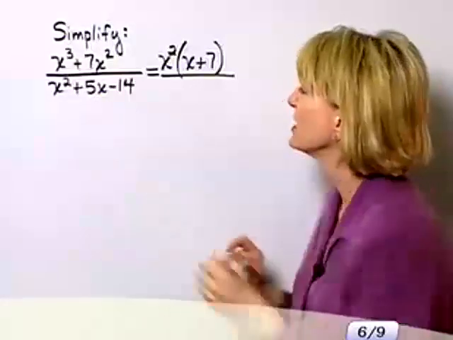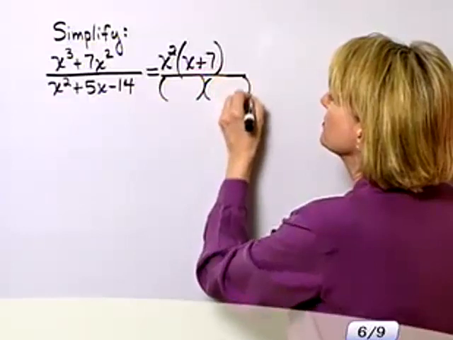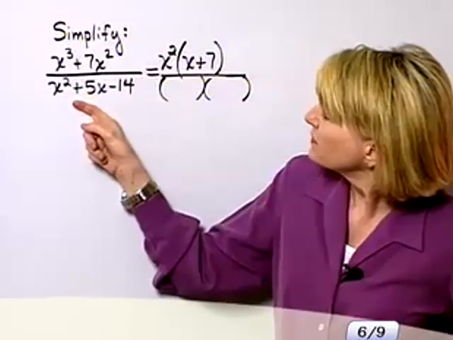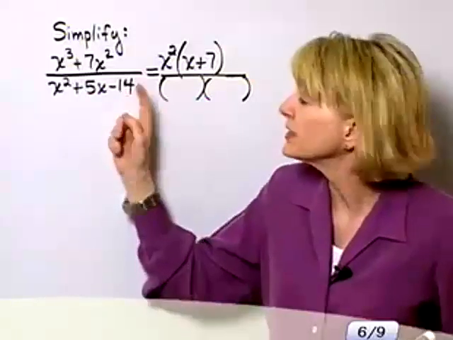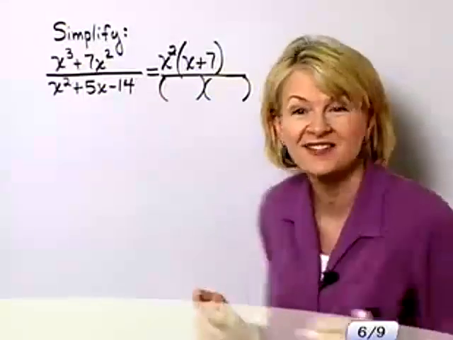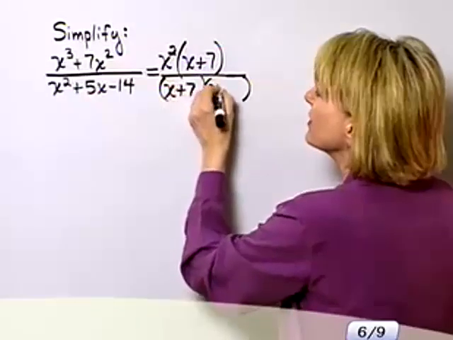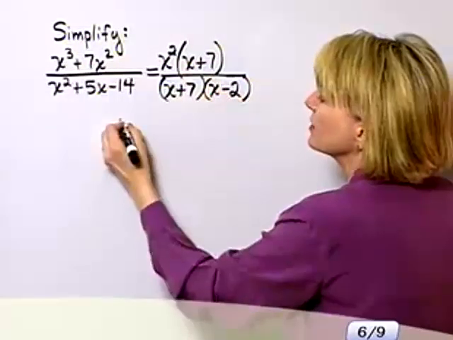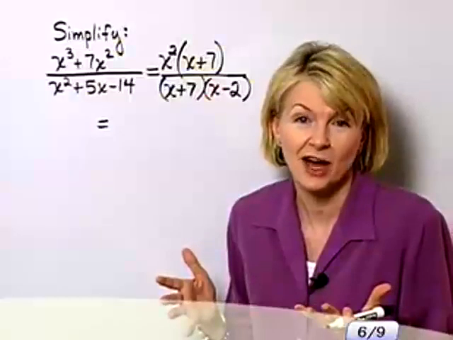Now let's factor the denominator. No greatest common factor. If this does factor, I'm looking for two numbers whose product is negative 14 and whose sum is positive 5. So that's x plus 7 and x minus 2. We have completely factored numerator, completely factored denominator.